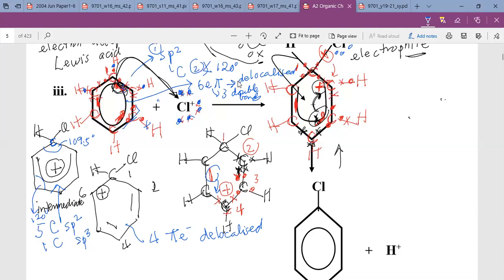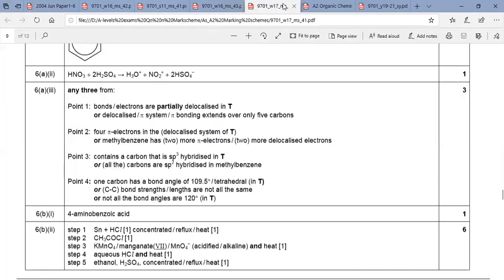So now I'll show you the marking scheme. Any three of these. The pi electrons are partially delocalized in the intermediate, not completely.